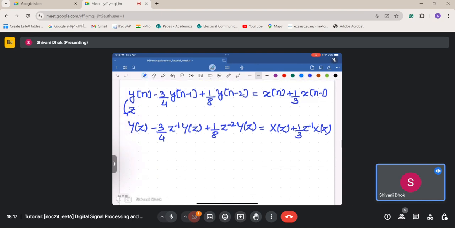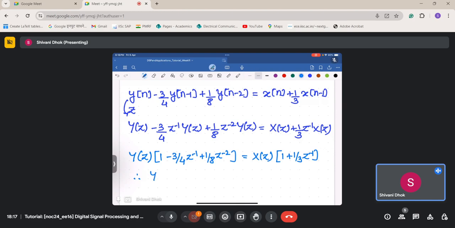We can take y of z common here. So y of z multiplied by 1 minus 3 by 4 z inverse plus 1 by 8 z to the power minus 2 is equal to x of z, I can take common, multiplied by 1 plus 1 by 3 z inverse.